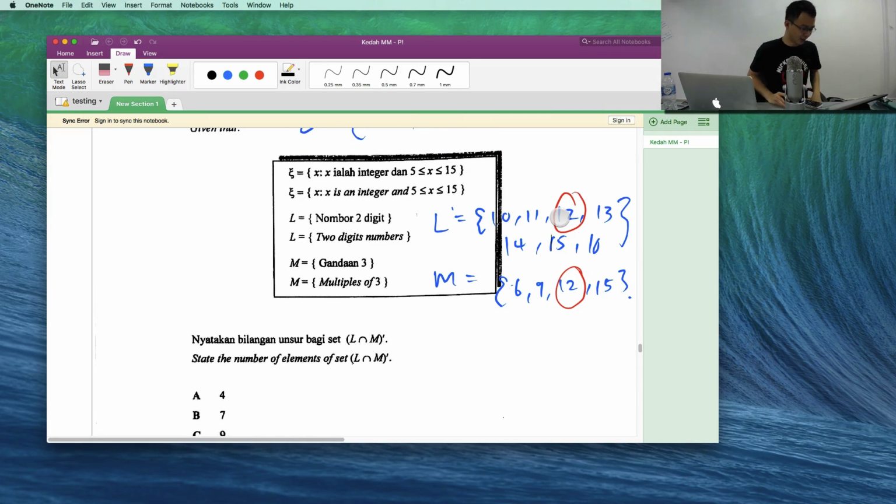Okay, this one, L intersect M. L and M both have one number in common. The complement means outside of L and M: 5, 6, 7, 8, 9, 10, 11, 12, 13, 14, 15.